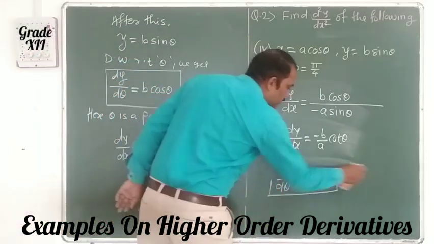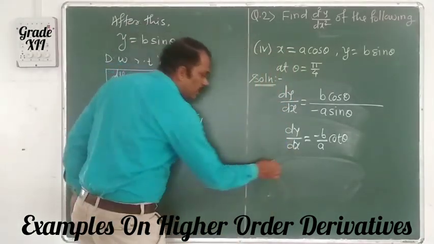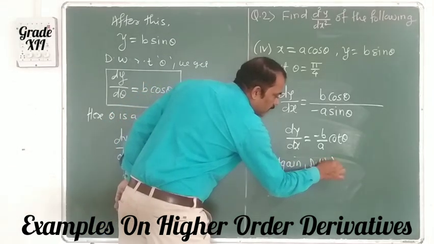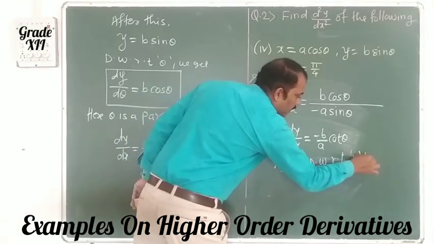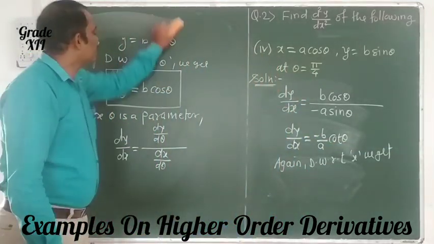So we want to find the value of d2y by dx square, so that we have to again differentiate with respect to x.